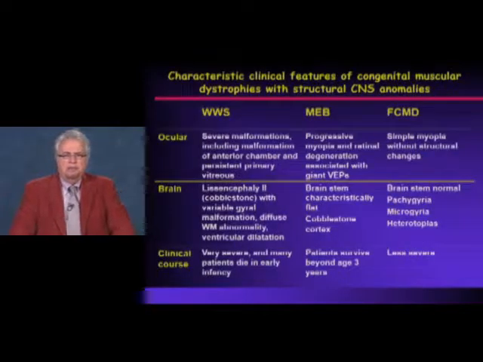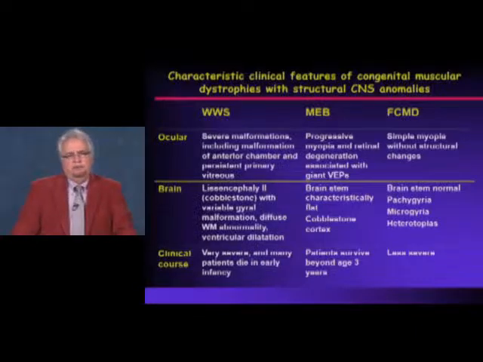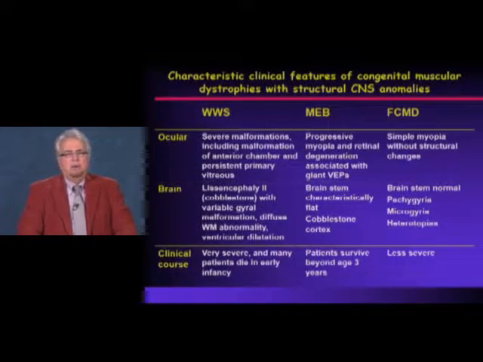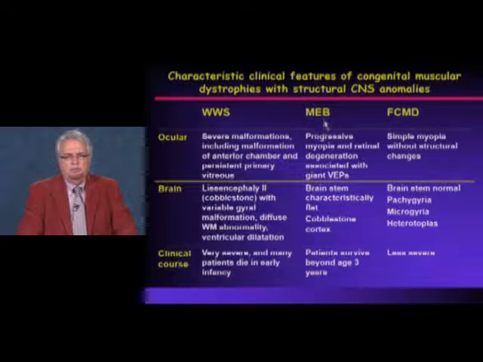As far as the phenotype is concerned, in these muscular dystrophies, Walker-Warburg syndrome, muscle-eye-brain disease, and Fukuyama, there are significant ocular malformations, including malformation of the anterior chamber and persistent primary vitreous, for example, in Walker-Warburg syndrome. In muscle-eye-brain disease, you can have progressive myopia.